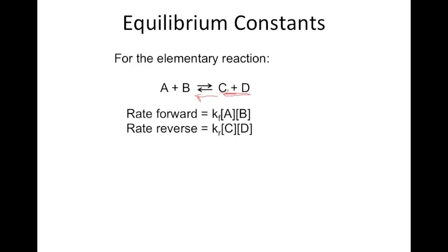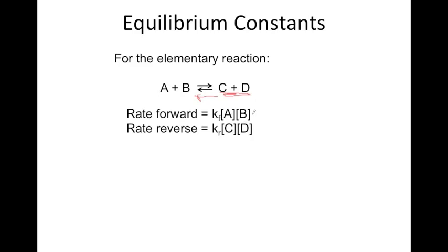So for the reverse reaction, these are my reactants, C and D. A and B would be considered the products. So I could write a rate law for the reverse reaction. The rate of the reverse reaction is equal to a rate constant, we'll call that Kr for the reverse reaction, times the concentration of reactants, in this case C and D.